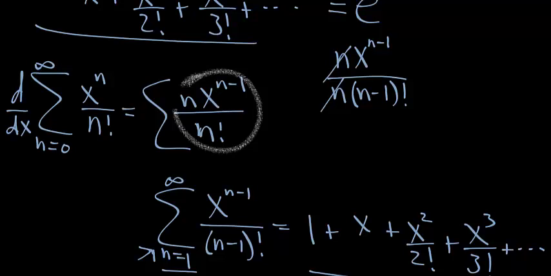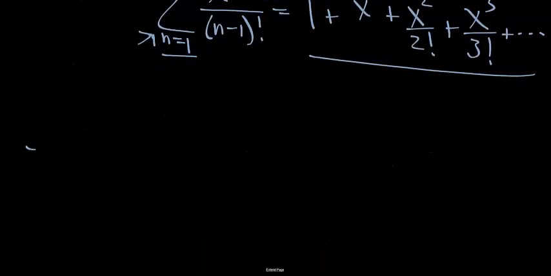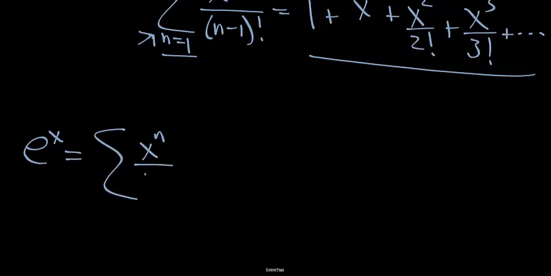Okay, any questions about that? Now, here is what we need to realize. The Maclaurin series expansion for e to the x is this thing. That's the Maclaurin series expansion.